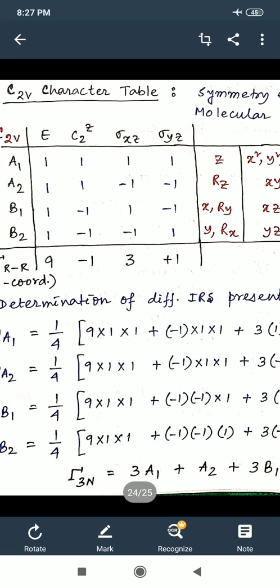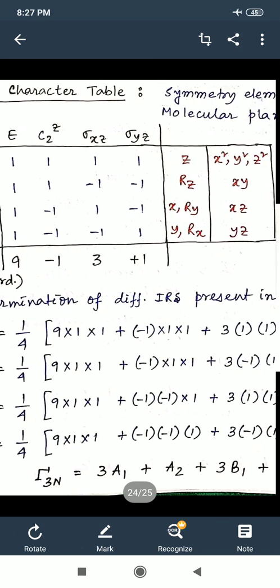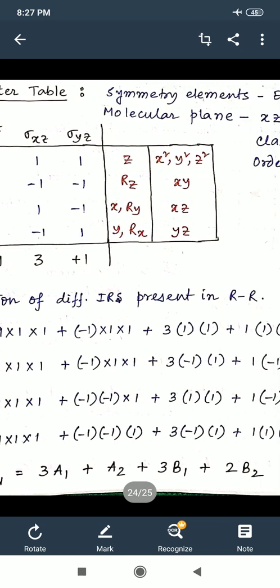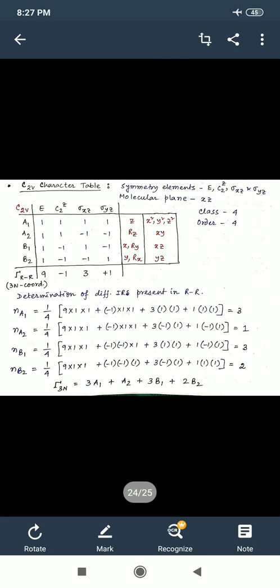Just check, I have written in case of the NB2 1 by 4 and 9 into 1 into 1, -1 -1 1, 3 -1 1, 1 into 1 into 1. So that is our 2. So that is very important, because I have written the different irreducible representations present in the reducible representation.